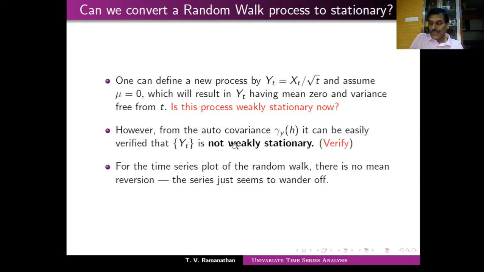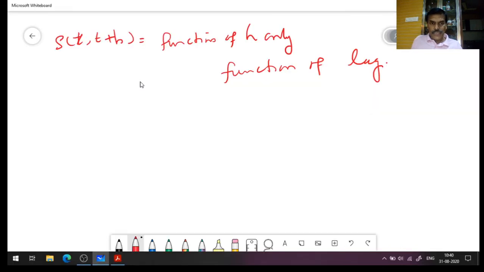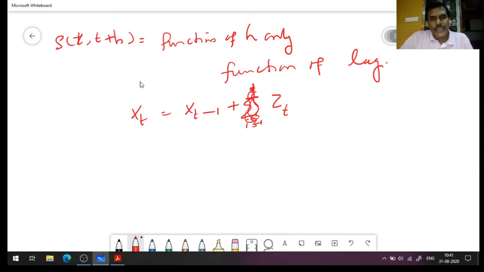Of course, you have to verify. So what is required? For the process that I am talking about, you need to compute. For example, this process which I have, you can take zt and write xt equal to xt minus 1 plus zt.